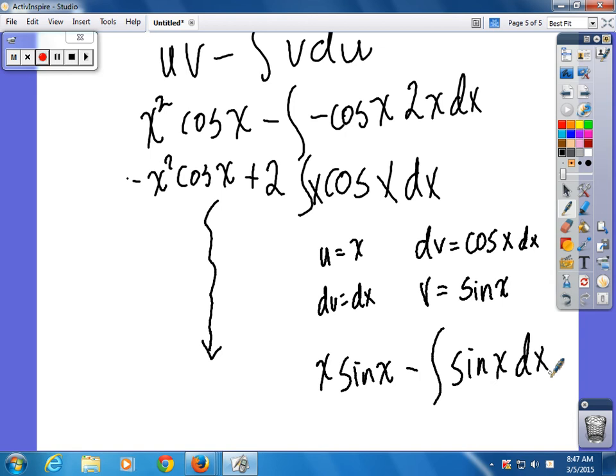Bring all this down. And what is the antiderivative of the sine of x? The negative cosine, to make that positive.